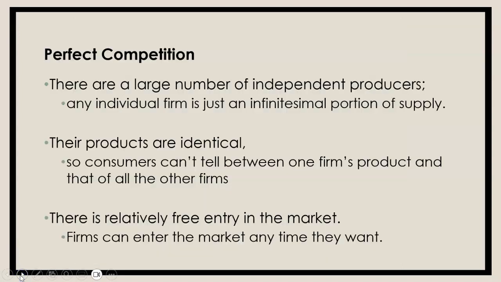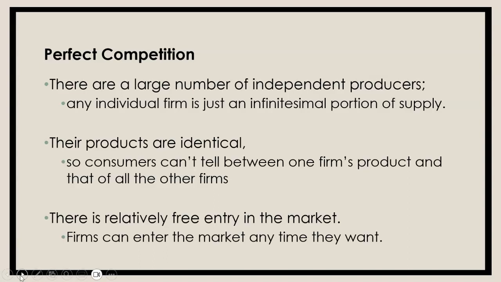Okay, once again, I'm going to repeat this because it's important that you understand the characteristics of the market structure. Perfect competition means that there are a large number of independent producers. This means that any individual firm comes up with just an infinitesimal portion of supply. If that firm were to leave the market, no one would notice because there's so many other firms supplying the good.